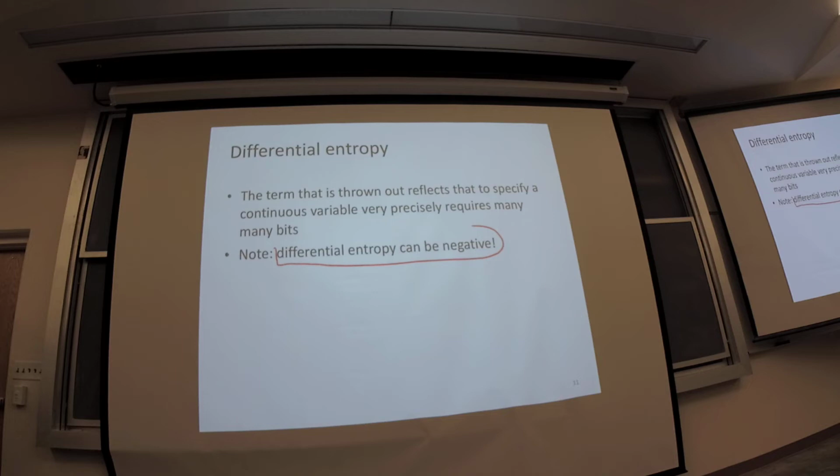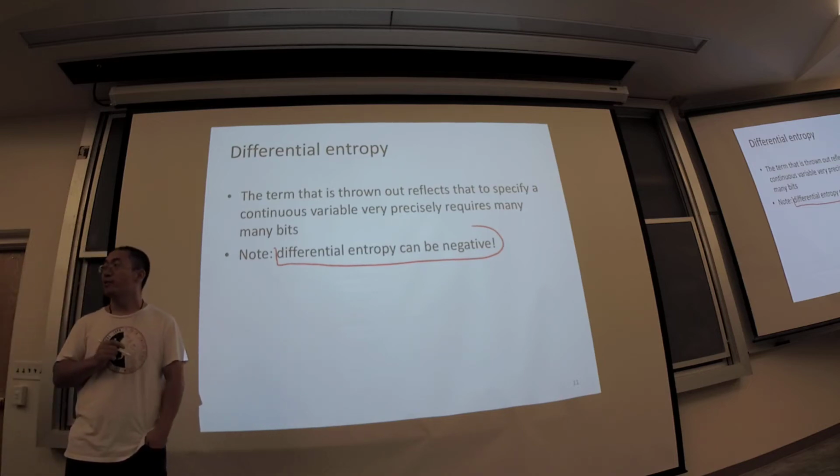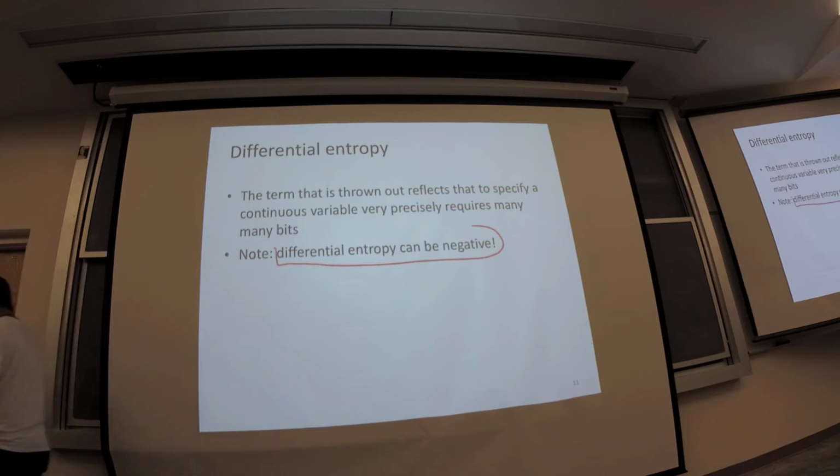Differential entropy can be negative. This is very different from the discrete case. In the discrete case, I have a probability vector, and the entropy is a summation over all the elements in this probability vector of p_i times logarithm of p_i, with a negative sign.